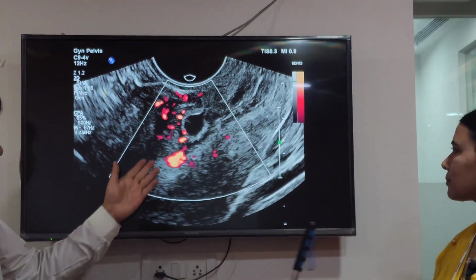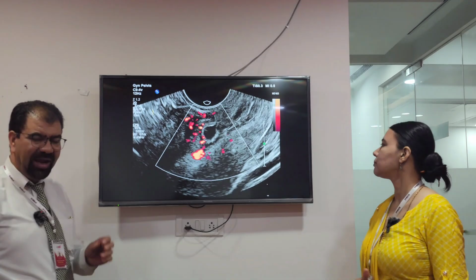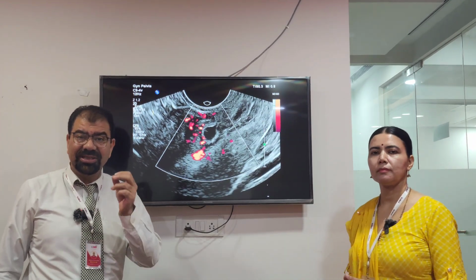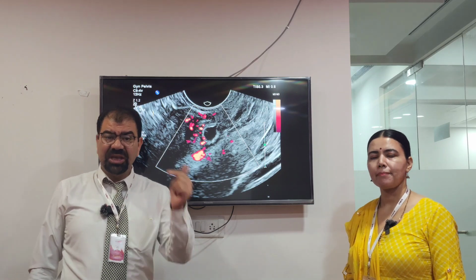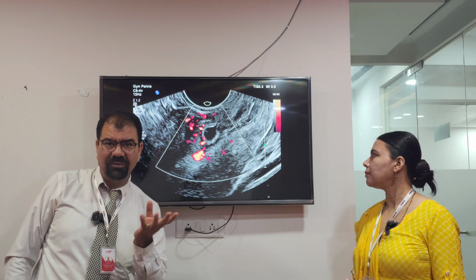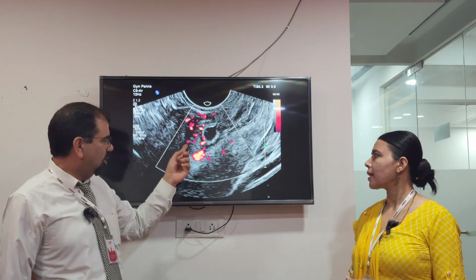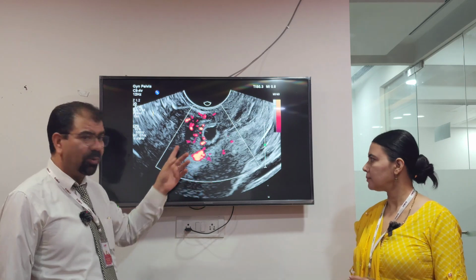So very important point, this color Doppler is telling me that I am having an intact gestational sac, which is implanted here only, not in the phase of expulsion. So this color Doppler is telling me that the trophoblastic invasion has actually happened over here.